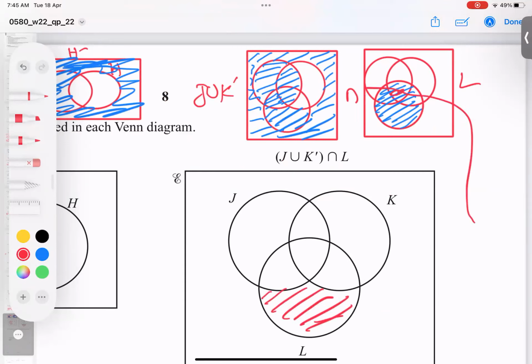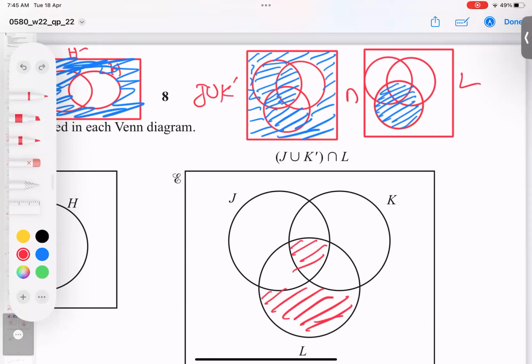This part and this part, I take it. This part and this part are common. I will take it. That's it, and this is our answer. I believe you understood it very well.